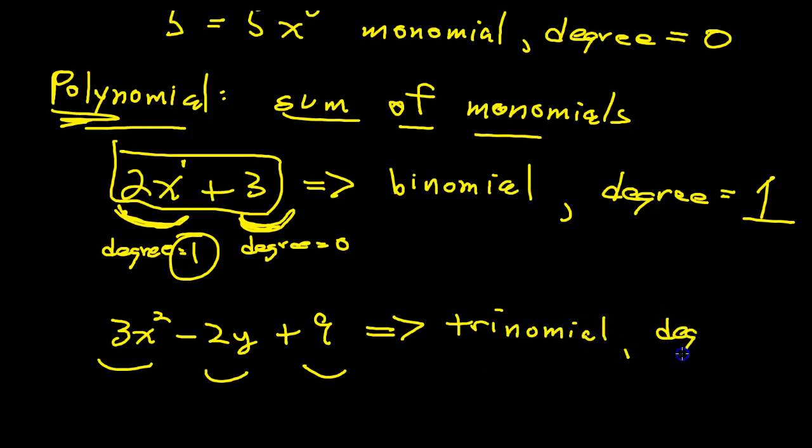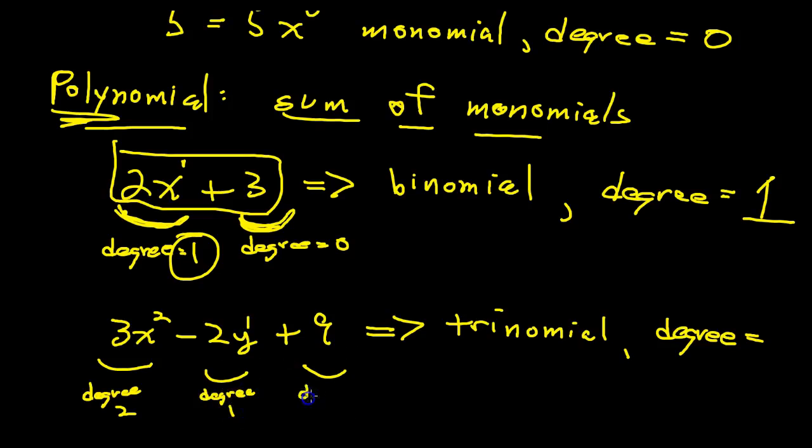And what's its degree? Well, remember the degree of a polynomial is the degree of the highest degree monomial that it contains. This first term is a monomial of degree 2. The second term is a monomial of degree 1 because there's an invisible 1 on that factor of y exponent.